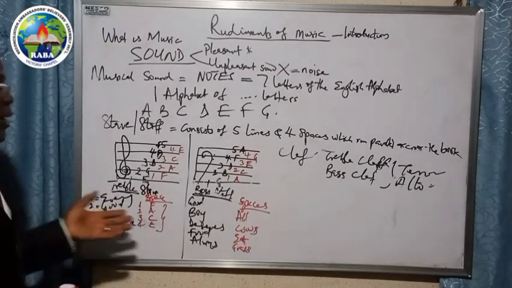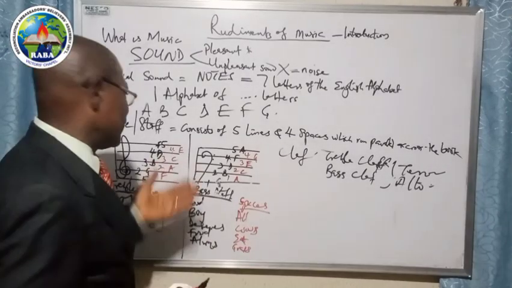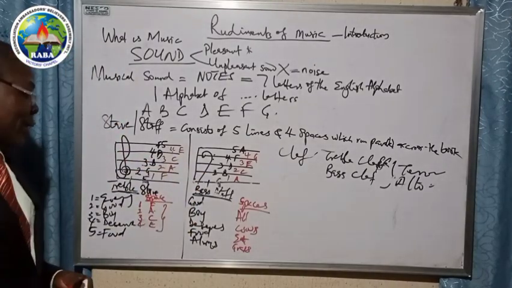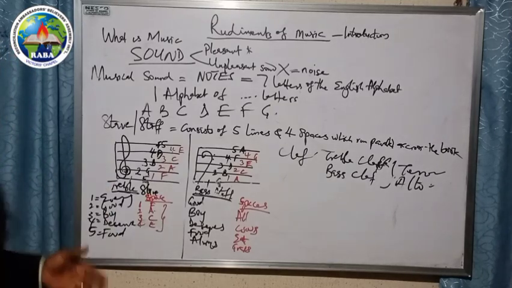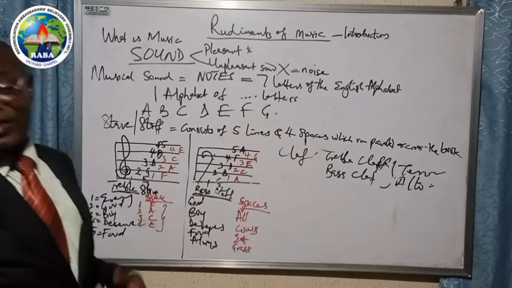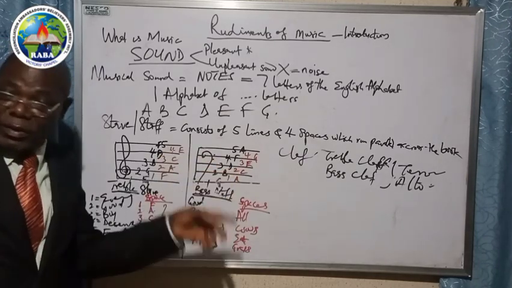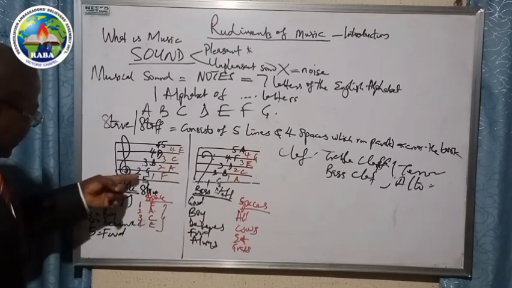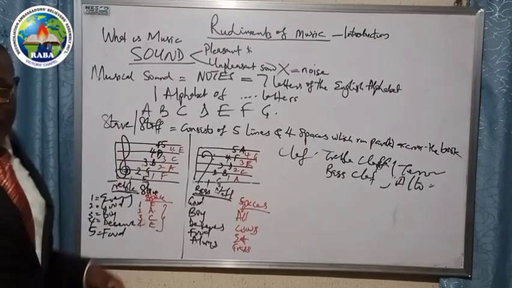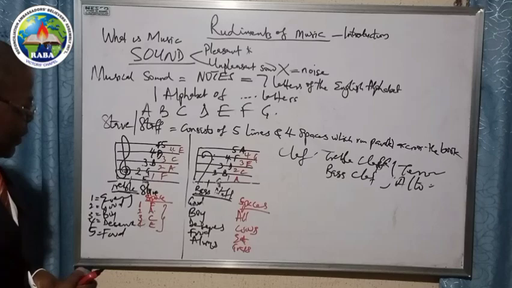And we identified the letters of each line and space, both of treble clef and of bass clef. And we gave the popular acronym. An acronym is just to assist you to remember it. It is not part of the music that you are studying. E is Every, G is Good, and so on. It's just for you to know what we are talking about.